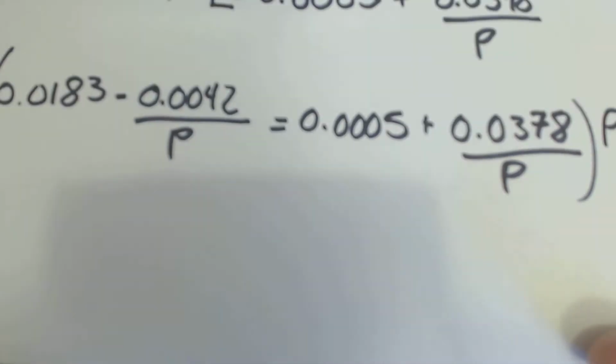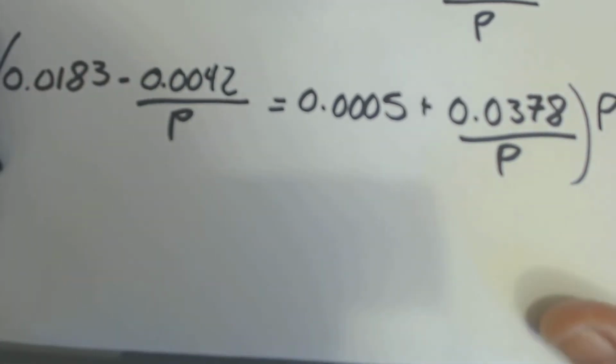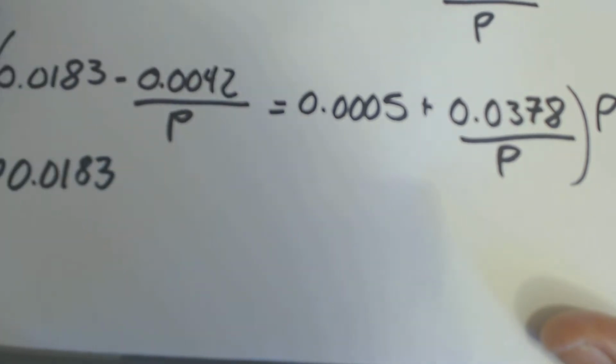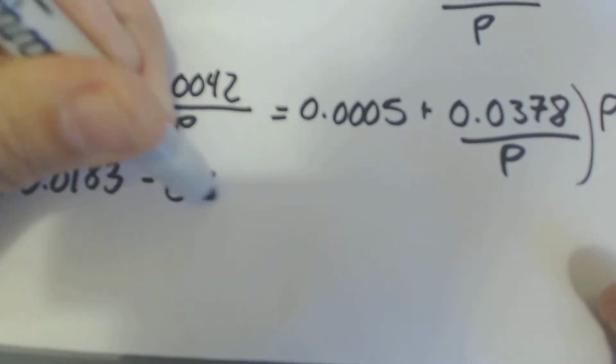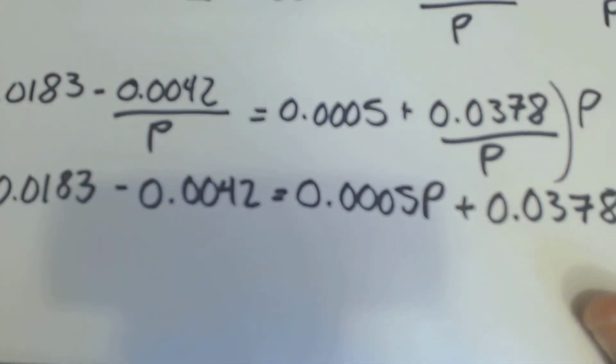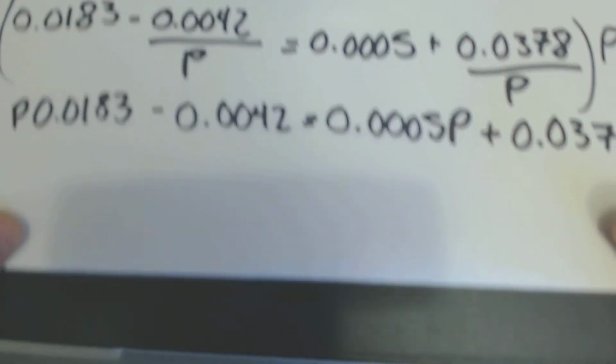Let's just multiply everything by P. So we're going to have P times 0.0183 minus 0.0042 equals 0.0005P plus 0.0378P. Oh, sorry, the P's cancel out in this term. So again, a long expression, and there it is. I got it in the shot.